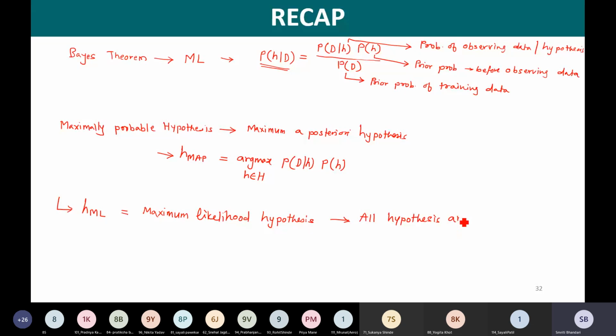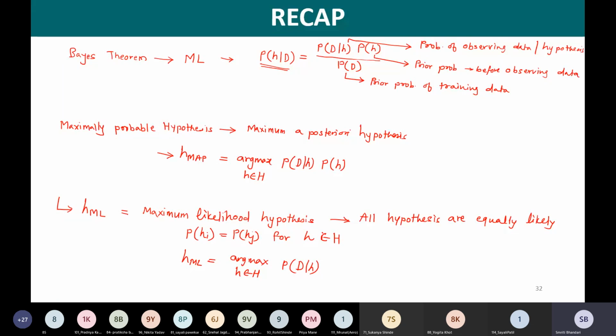That means the probability of hypothesis Hi is the same as the probability of hypothesis Hj for all Hi in our hypothesis space capital H. So we come up with HML, that is the maximum likelihood hypothesis, as argmax over H that belongs to capital H, probability of D given H. So in the last class, we have covered all those concepts and we have also gone through one example.